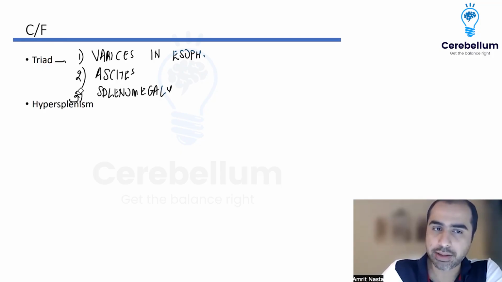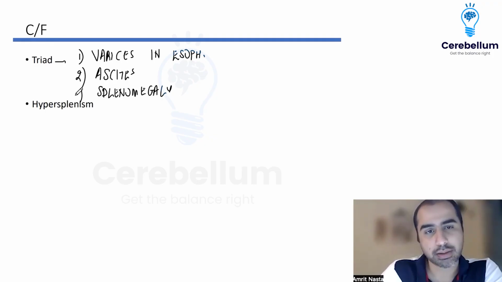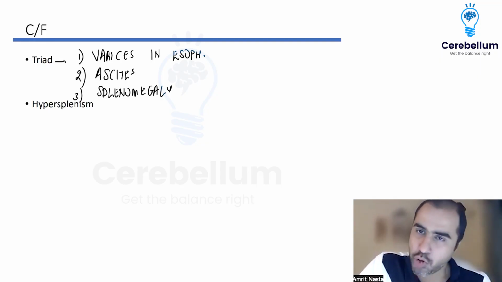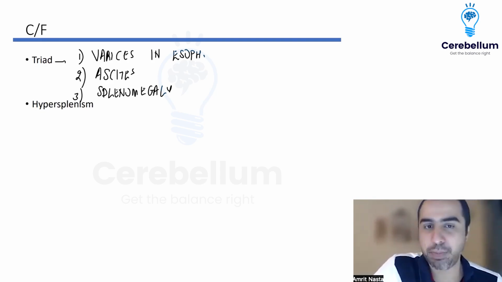So whenever you get this triad, you should know, yes, the person is having portal hypertension. Why not upper stomach? Upper stomach may occur, but it's less common. You get varices in the upper stomach also. It is there, but they normally don't rupture. Normally the ones that rupture are lower esophageal.